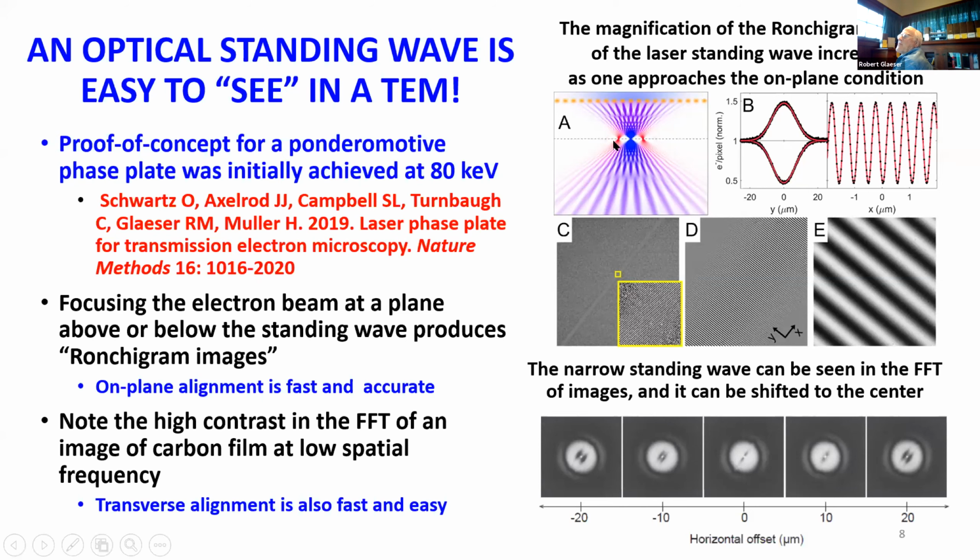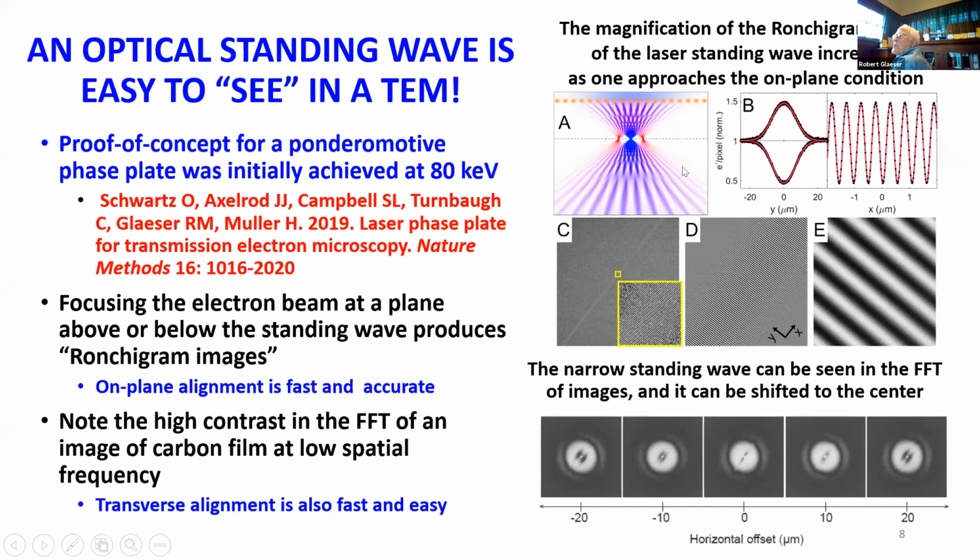In this case, the electron beam is focused below the plane of this phase grating, this standing wave, and it produces by interference sine waves of electron intensity quite some distance down from where it was first focused. So you can focus either above or below. Focused above, it's like a point projection microscope.